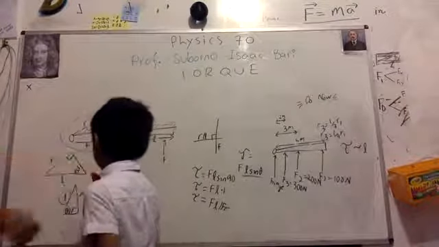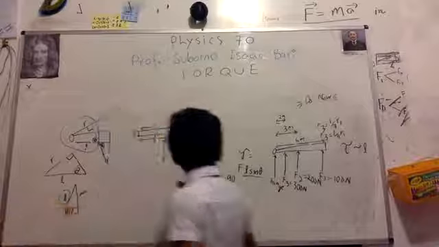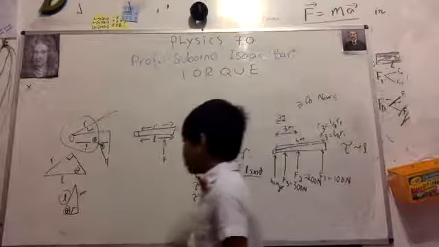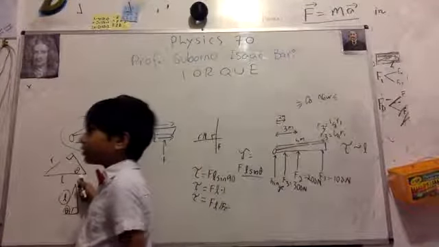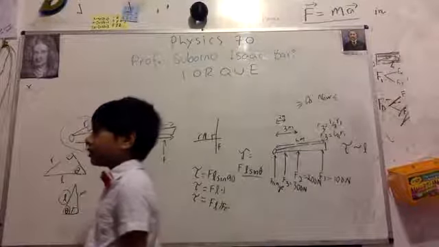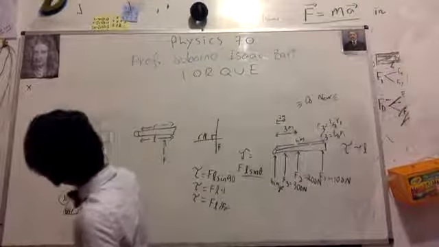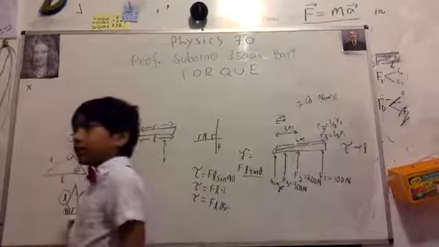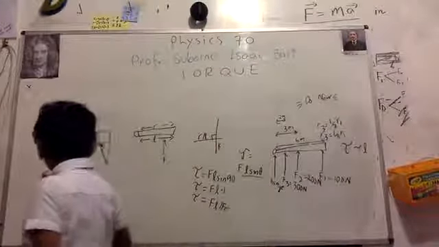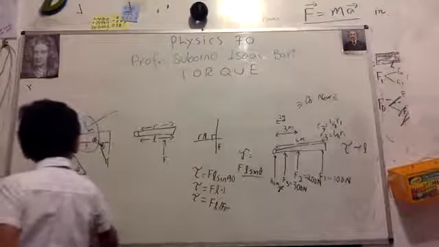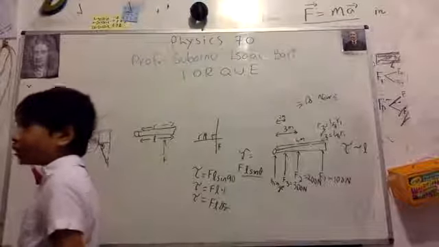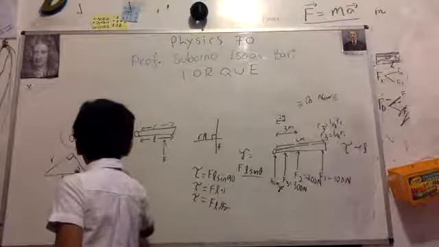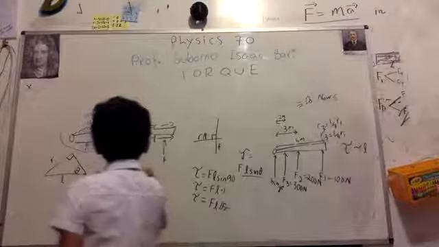Professor, what are you trying to prove? We're trying to prove F L sine theta. Look, this theta is next to this right angle. It should be the same over here. So we know the opposite, it's R, and we know the hypotenuse, it's L. So what we can use is SOHCAHTOA.